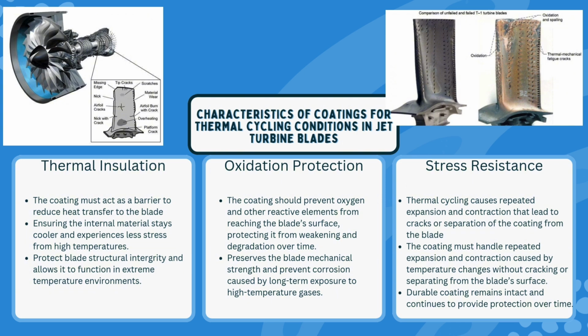Second is oxidation protection. A high temperature environment will promote oxidation, where the blade material reacts with oxygen and weakens over time. So the coating should prevent oxygen and other reactive elements from reaching the blade surface, protecting it from weakening and degradation over time.